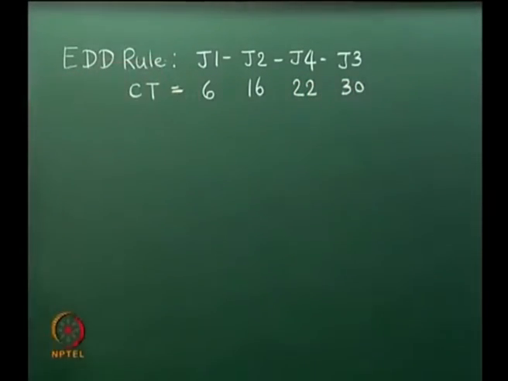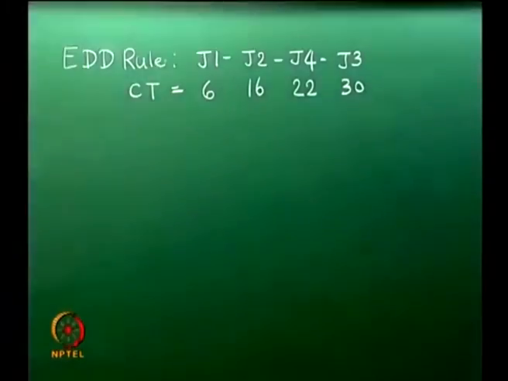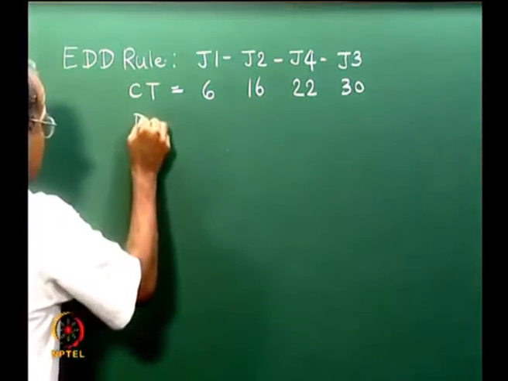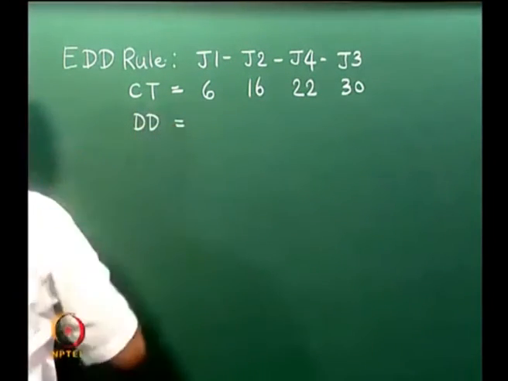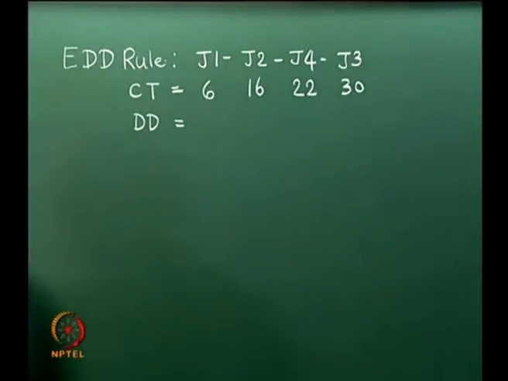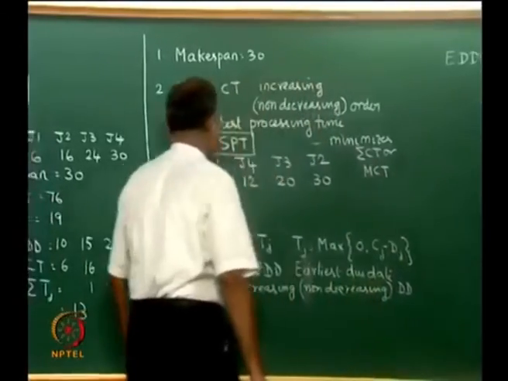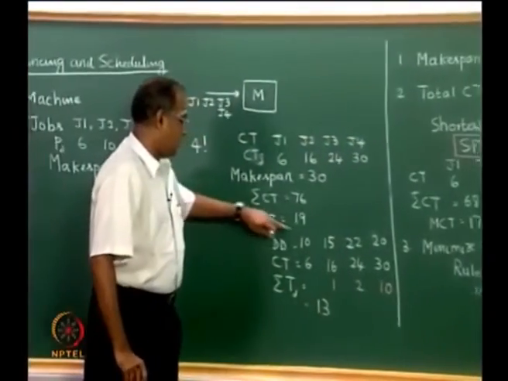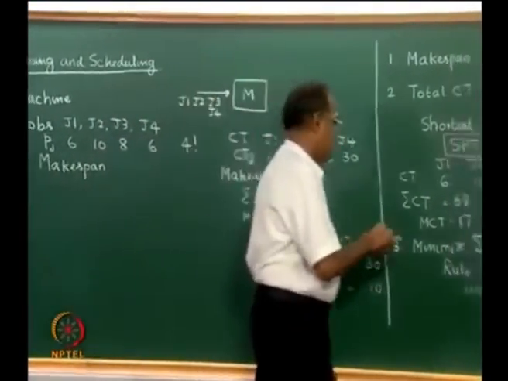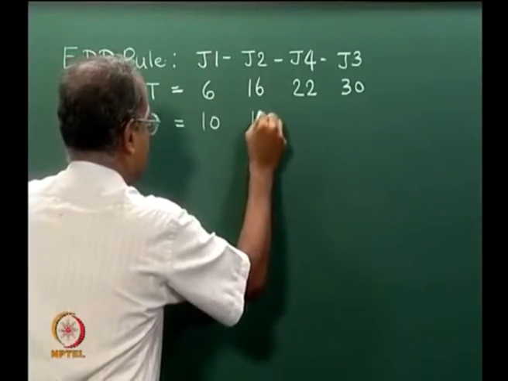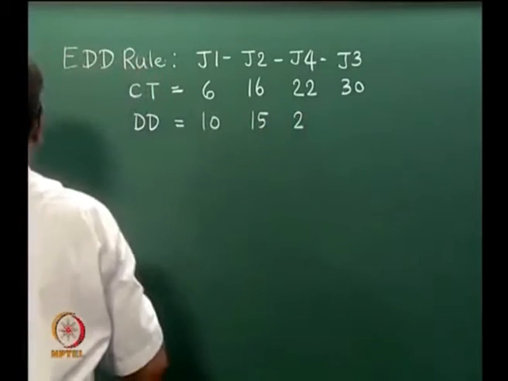The last of the jobs always finishes at the makespan. Now, the due dates that we have here are, for job 1, 10. So the due dates are 10, 15, 20 and 22.